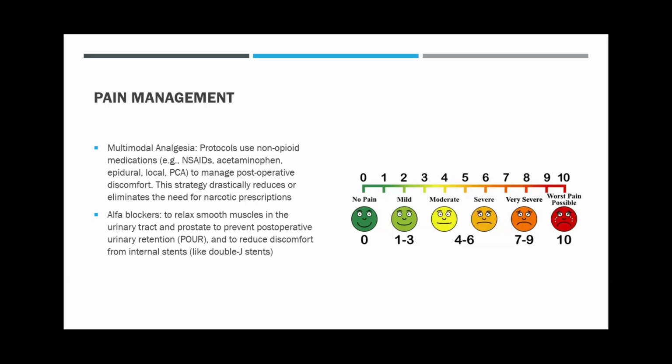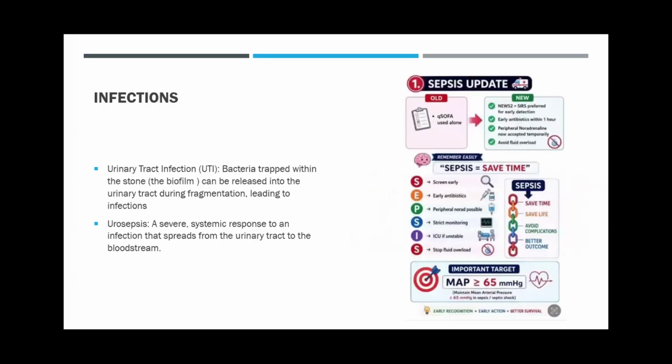And then there is also a role for alpha blockers to relax smooth muscle in the urinary tract and prostate, to prevent post-operative urinary retention especially, and to reduce discomfort from internal stents like the double J stent.